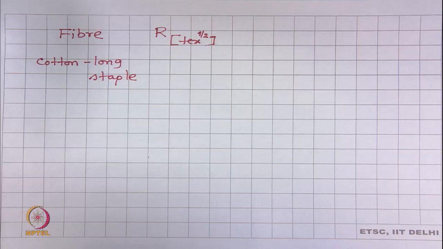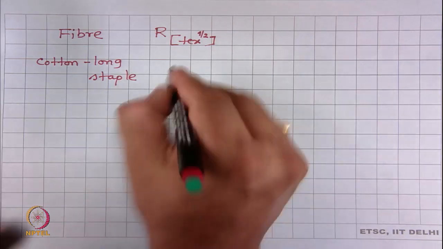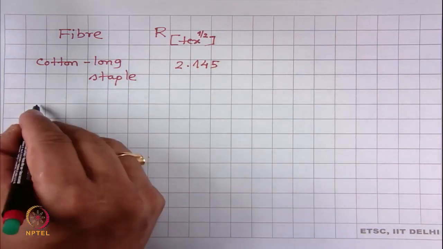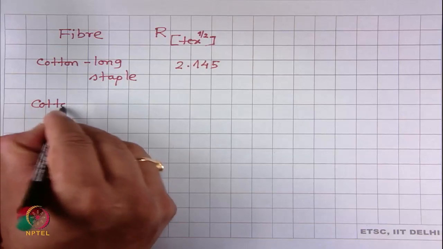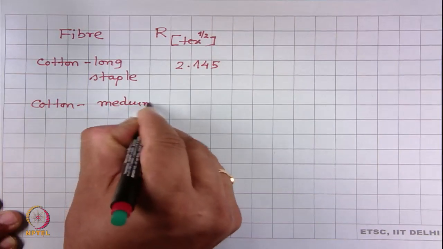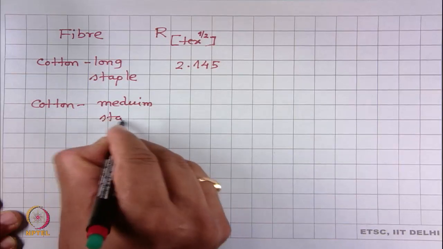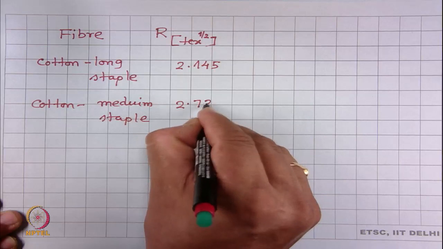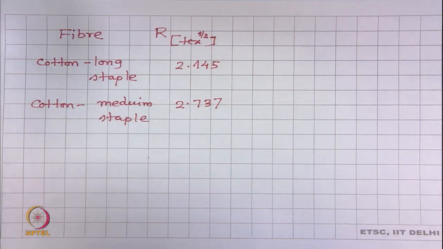We generally find the value of R for cotton long staple as 2.145. Cotton fiber medium staple, the value of R we found little higher, 737.